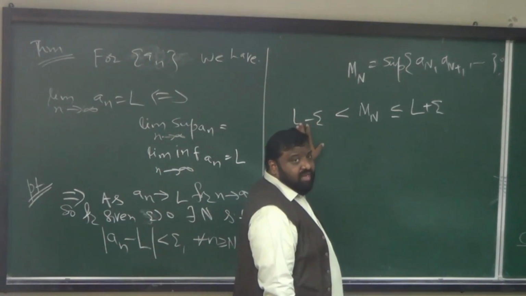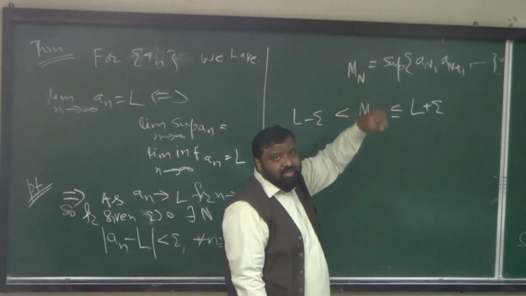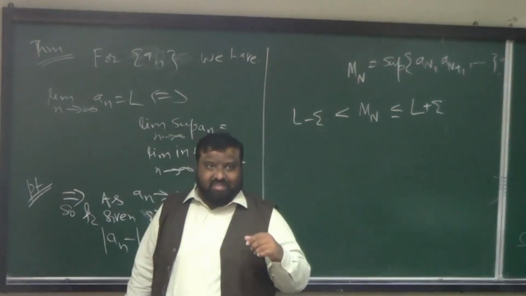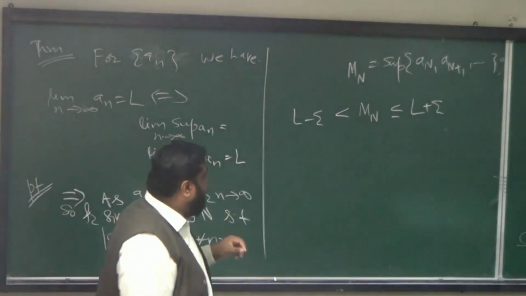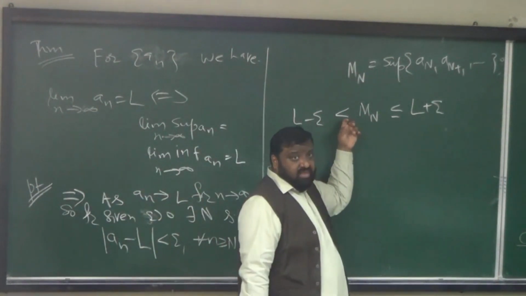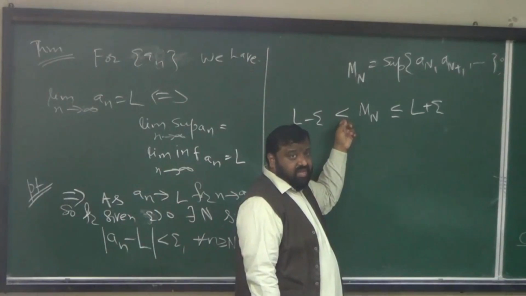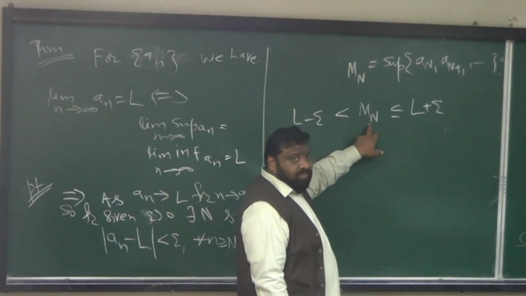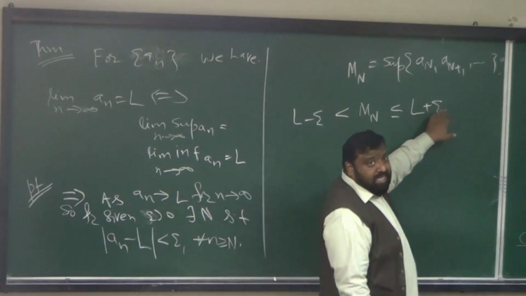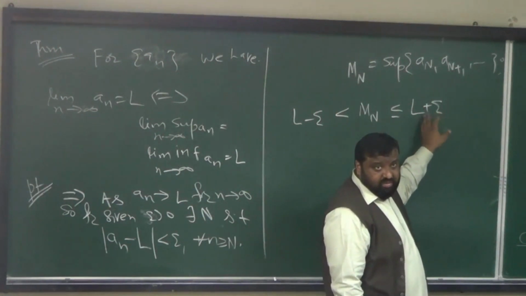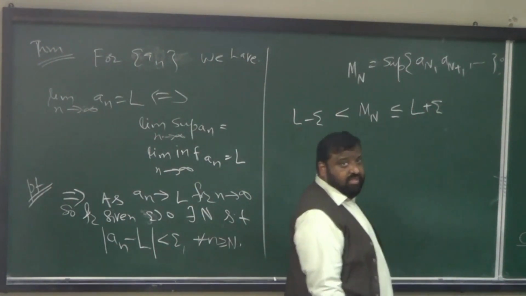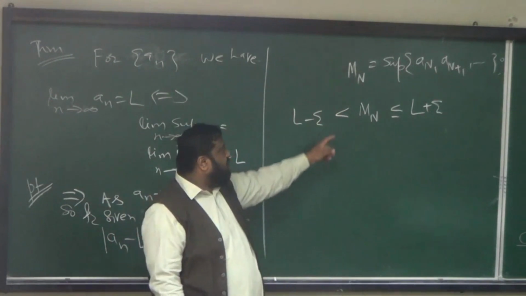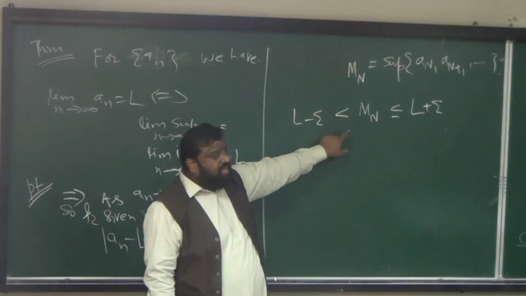Exactly. If M_N is equal to L minus epsilon, then this M_N will not be a supremum actually. So therefore you can't have equality. But this supremum would be L plus something. It can go up to this. Is it making sense? Why do you have strictness here and not have strictness there?